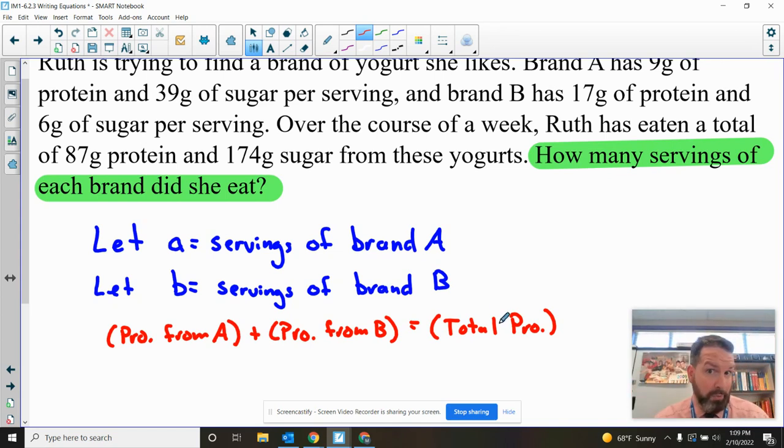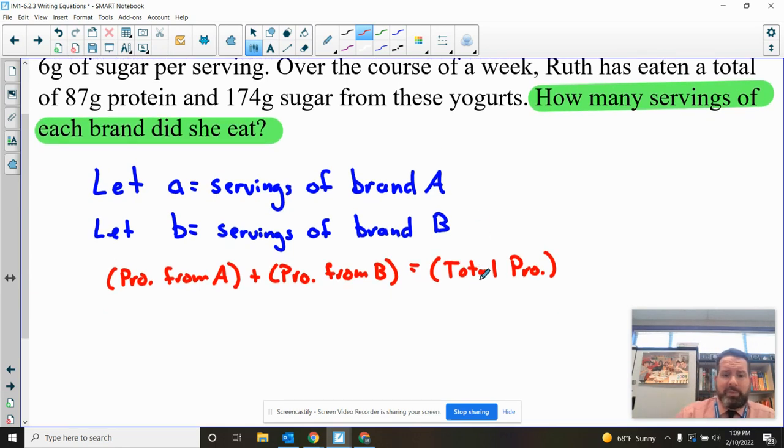Here's the trick, though. I don't know exactly how much came from A, and I don't know exactly how much came from B, because I don't know how much of A and how much of B we ate. So instead, let's do it this way.